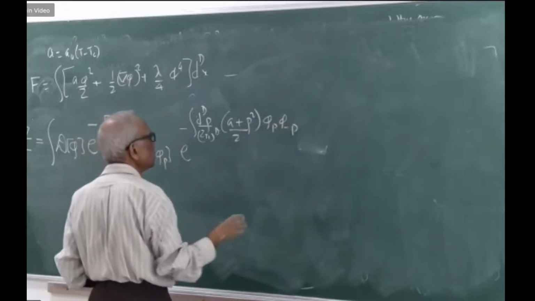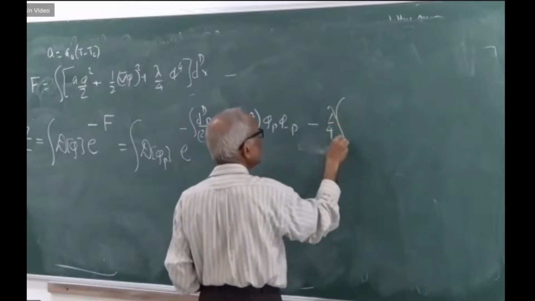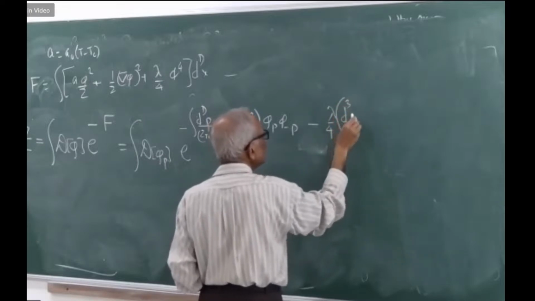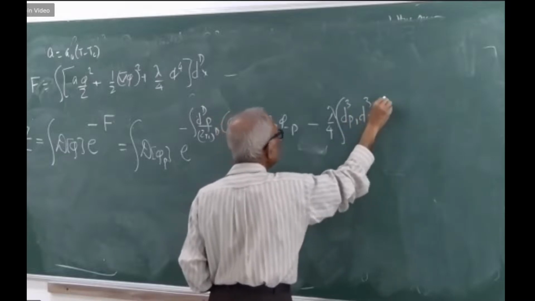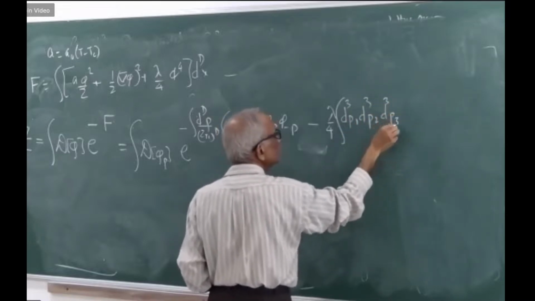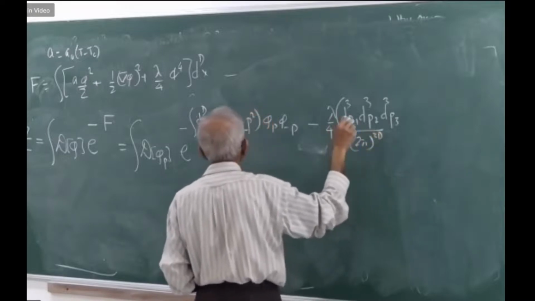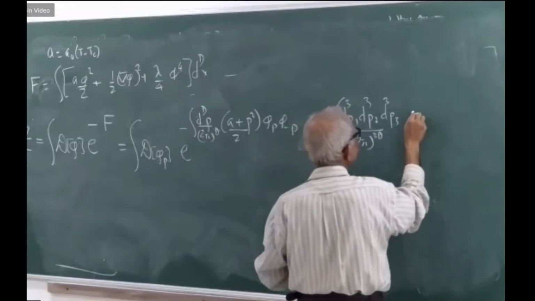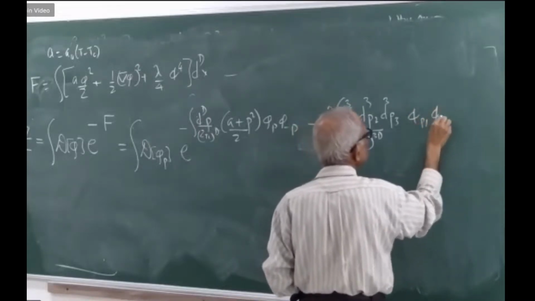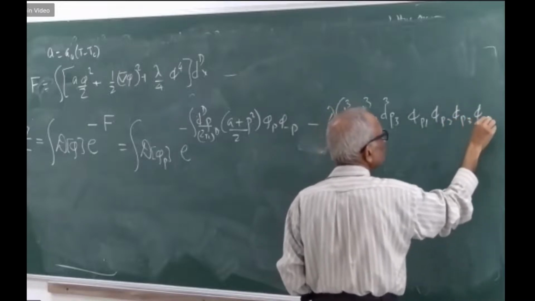minus p, minus lambda over 4 times the integral d^dp1 d^dp2 d^dp3 over 2 pi to the power 3d, and then it is phi p1, phi p2, phi p3, phi minus p.